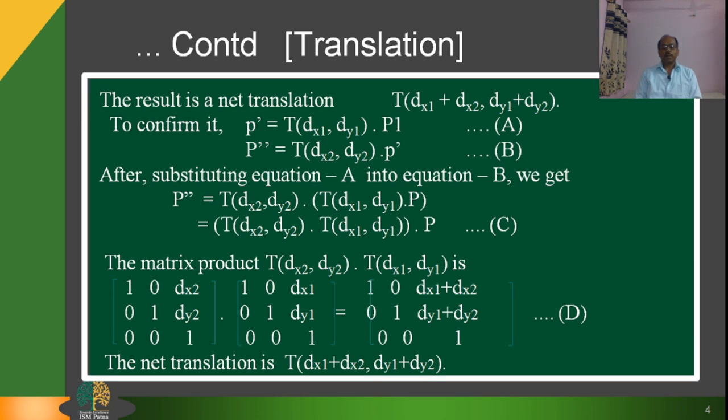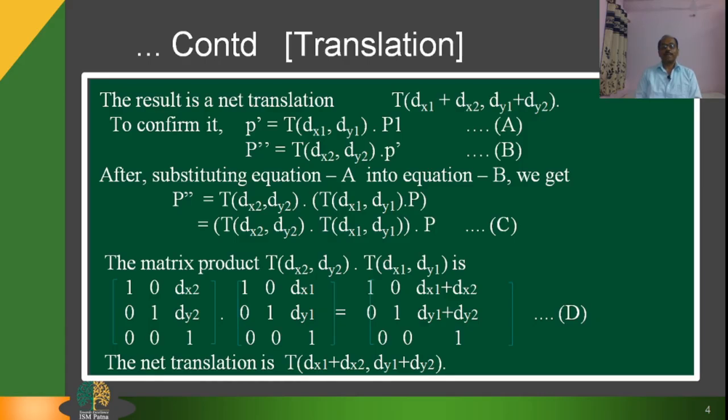So in terms of matrix product, this may be presented as you are seeing, there are two matrices. One is representing T(dx2, dy2) and another T(dx1, dy1), and after multiplication you are getting the result on the screen.